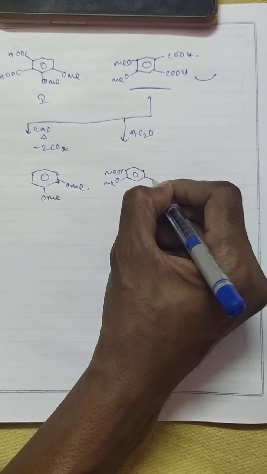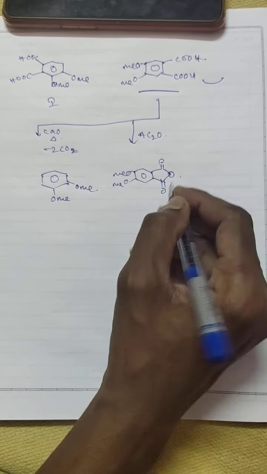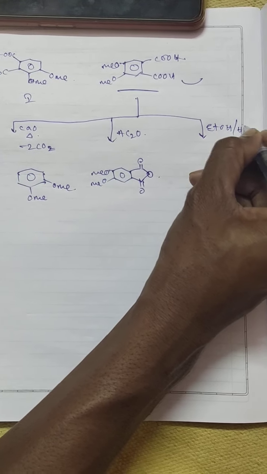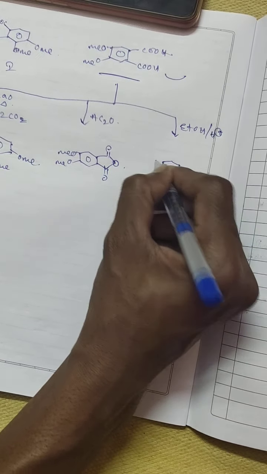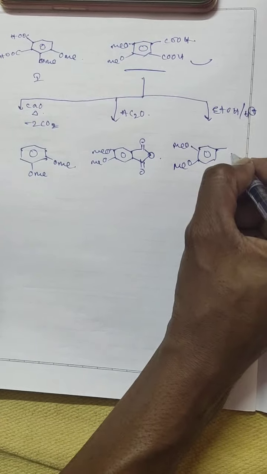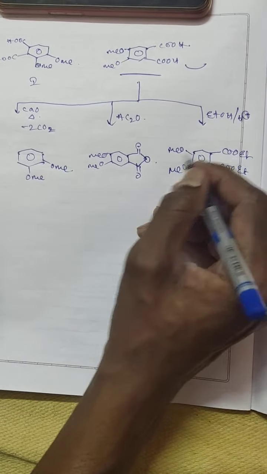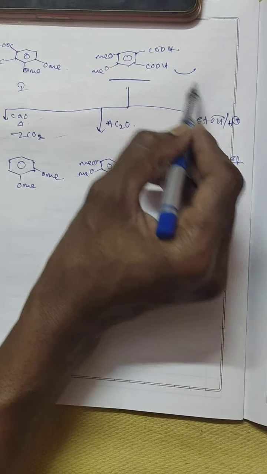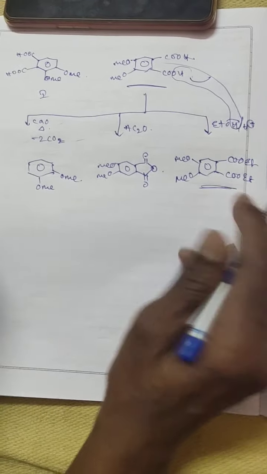Another reaction: when treated with ethanol in the presence of H plus, it forms the diester, COOEt, with the water molecule leaving.